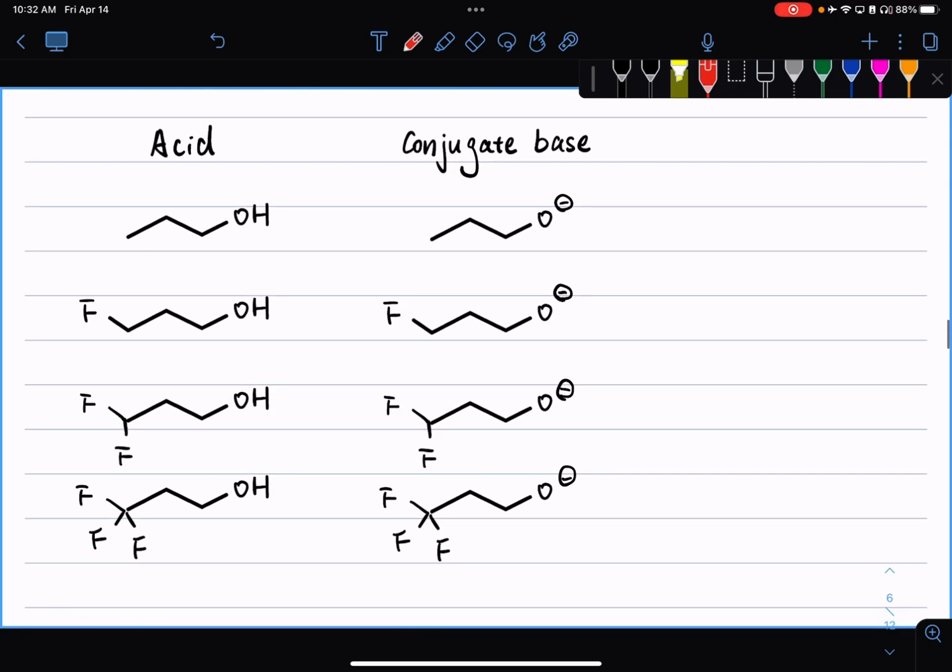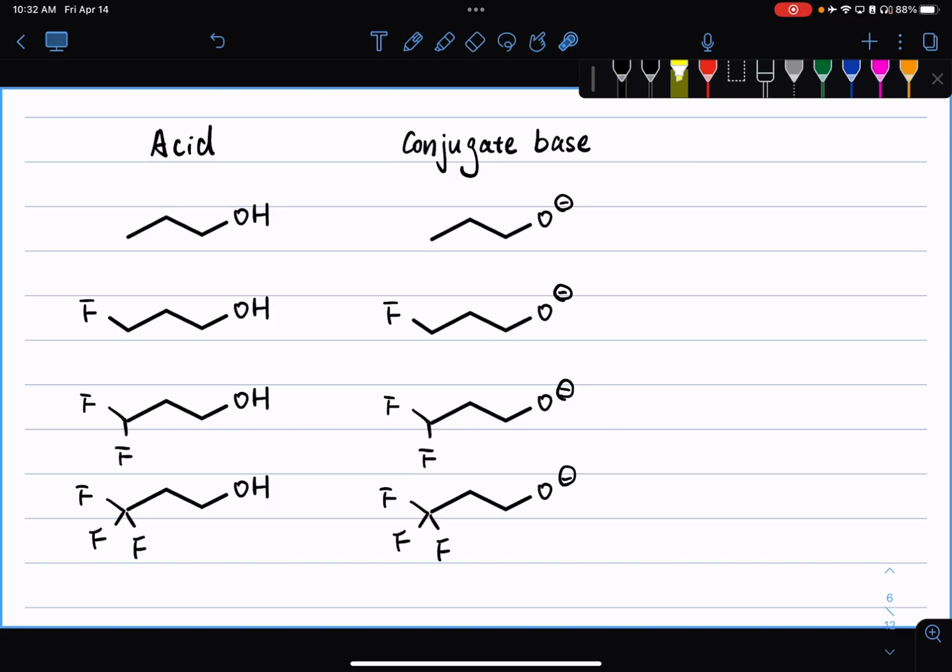So the way to look at it is, now imagine you have the same kind of charge, but in this trend, you have different numbers of fluorine atoms. They're pretty distant away, but you have different numbers of electron-withdrawing groups on those acids.